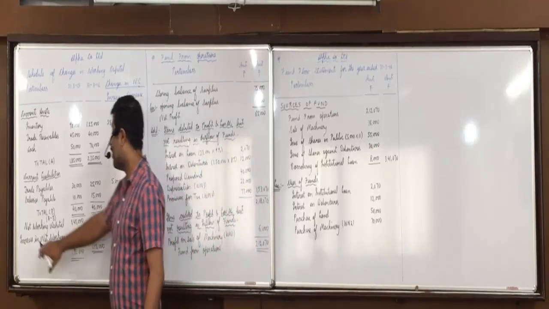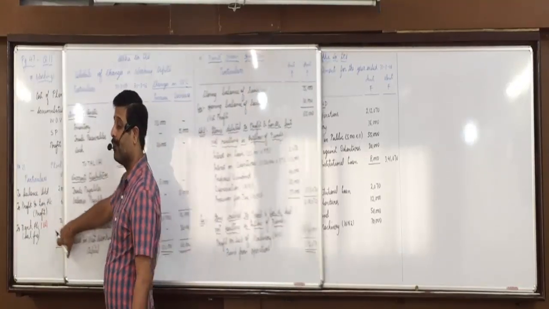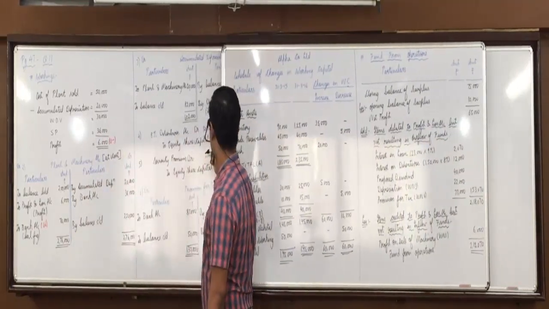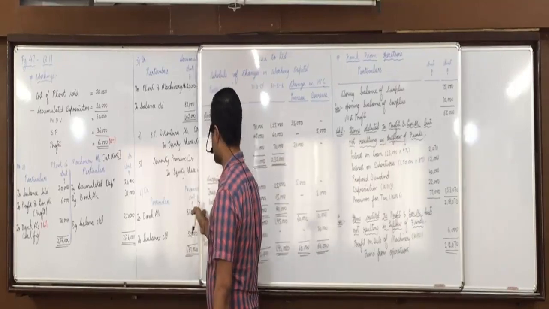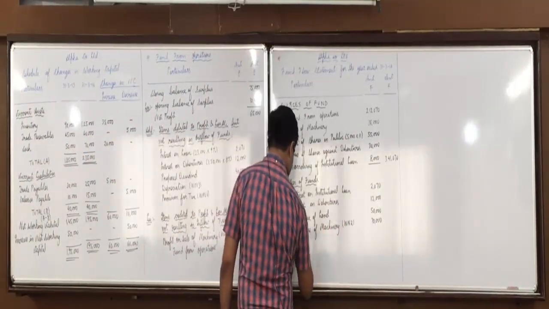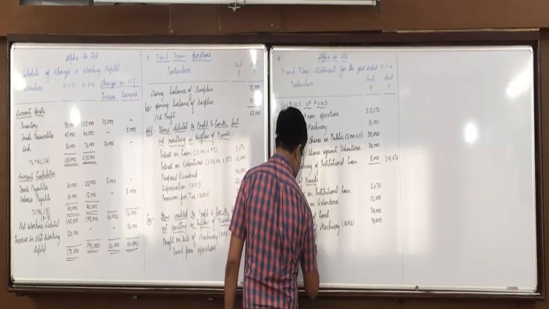Adjustment 2, we made working note 4 and got redemption of debentures as 30,000 under uses of funds. So redemption of debentures by equity shares, 30,000.